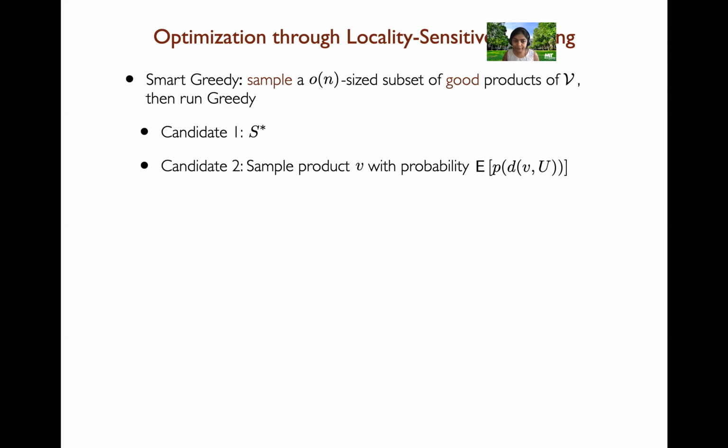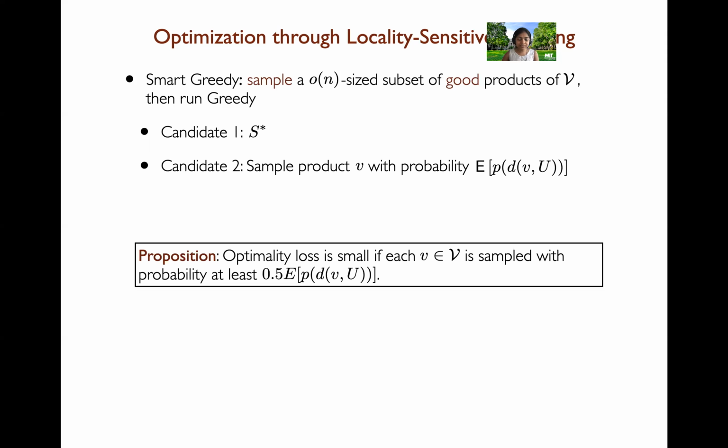Another natural candidate is to create a subset of products by sampling each product with probability proportional to the reward that the product has for the user. Then we are likely to include products which have high reward and less likely to include products which have low reward.